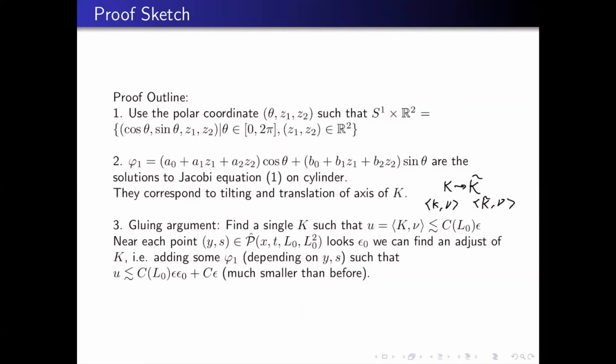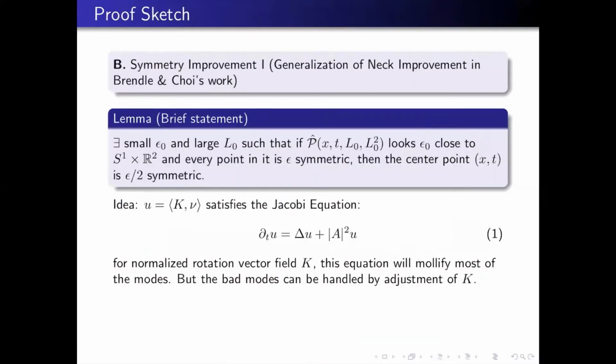And we also need a gluing argument. Remember that the epsilon symmetry is only defined for a fixed size of parabolic neighborhoods, but this L0 is supposed to be large.